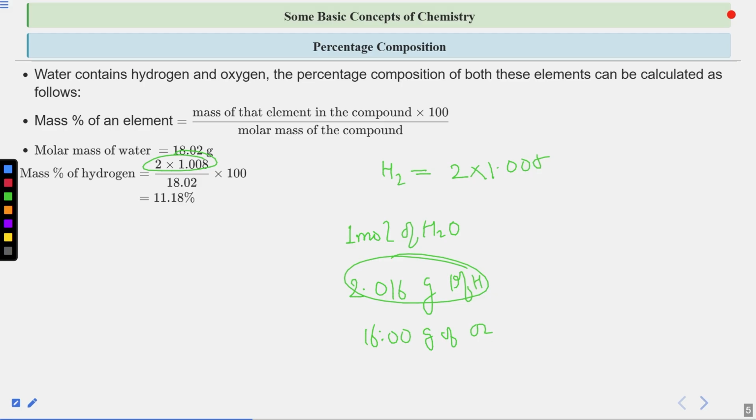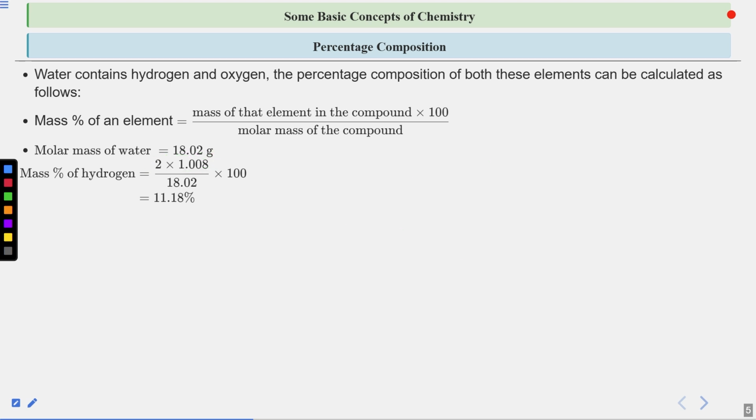Okay. So if you keep this formula accordingly, you will get 11.18%. Then we can do the same thing for the oxygen. It will be 16.00, which is the contribution of oxygen, divided by the molar mass of water multiplied by 100. You will get it as 88.79%.